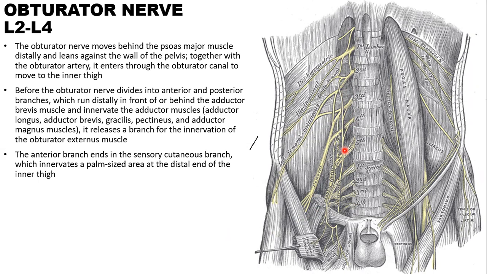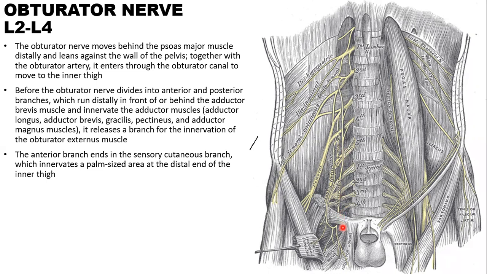On the superior aspect of it, there's a space. That space basically is to transmit the obturator nerve, the obturator artery, and the obturator vein.